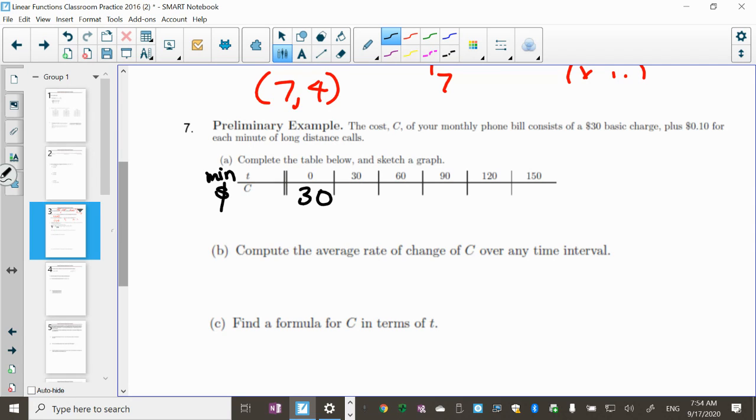So how much is it going to cost me to talk 30 minutes? 33. How about 60 minutes? 36, because isn't it $3 more for 30 more minutes? And then you can say, oh, 60 times 0.1 is $6 plus I have to pay the 30. How about 90 minutes? Get the idea? 120.